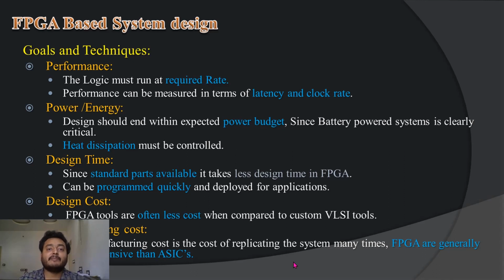So if you want to buy one single FPGA, it's very costly, but when you manufacture in large numbers using wafers and everything, the per IC cost comes down. So this is about your goals and techniques: performance, energy, design time, design cost and manufacturing cost.